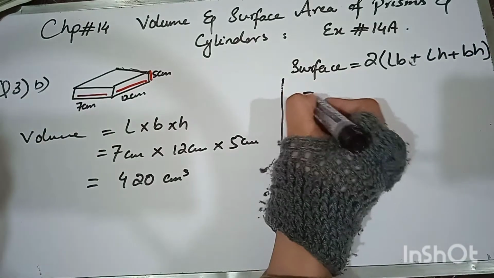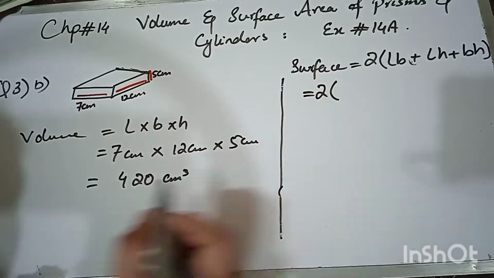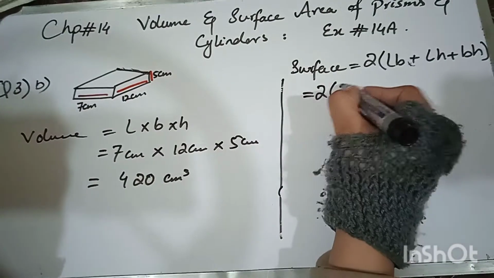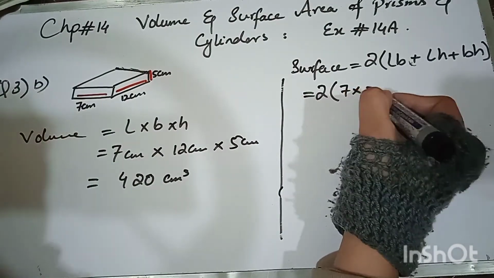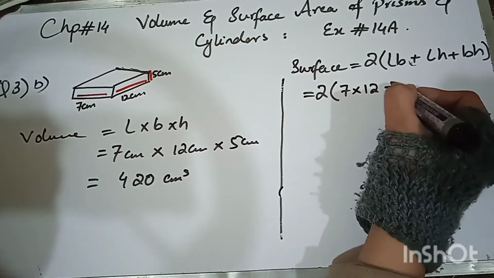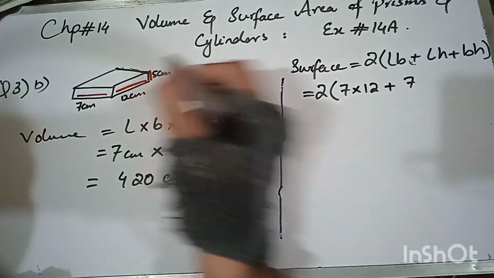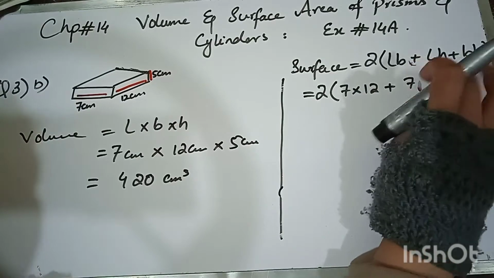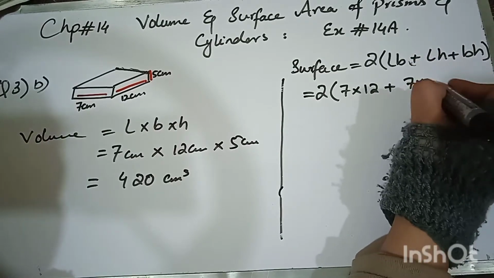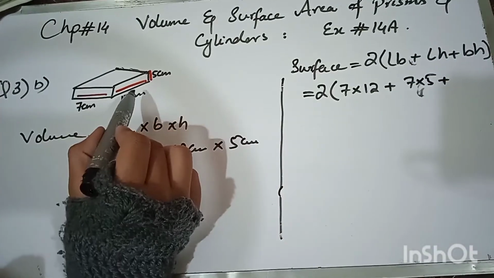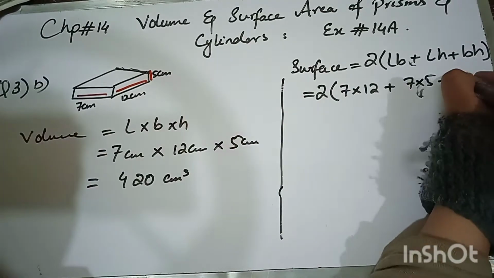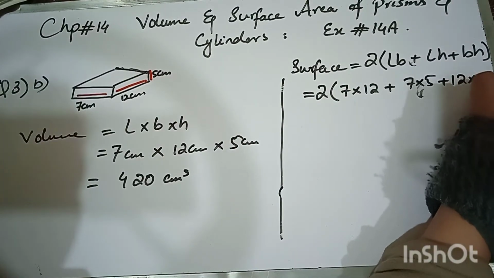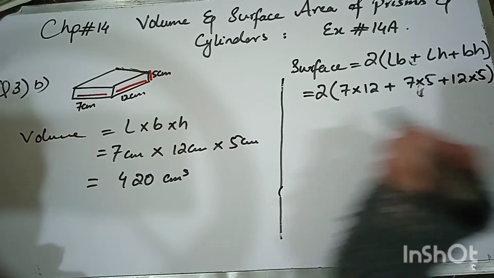Now we have to put in the values. 2 into length is 7, so 7 multiplied by breadth is 12 plus 7 multiplied by height is 5 plus breadth into height. Breadth is 12 and height is 5, so we have to multiply 12 into 5.